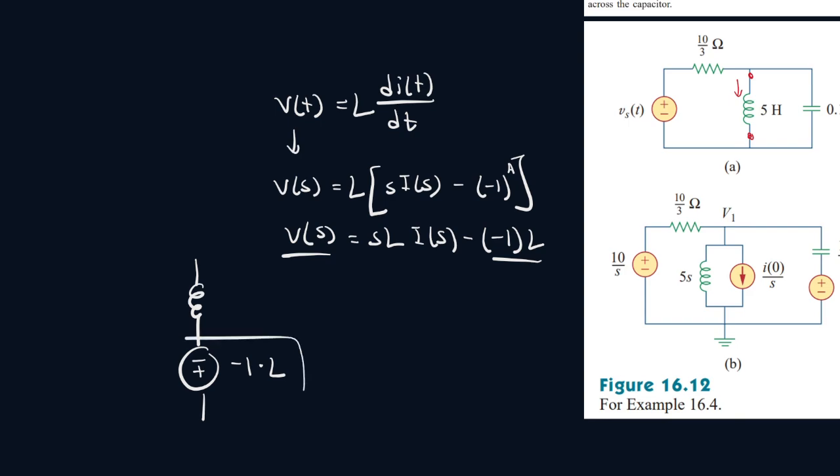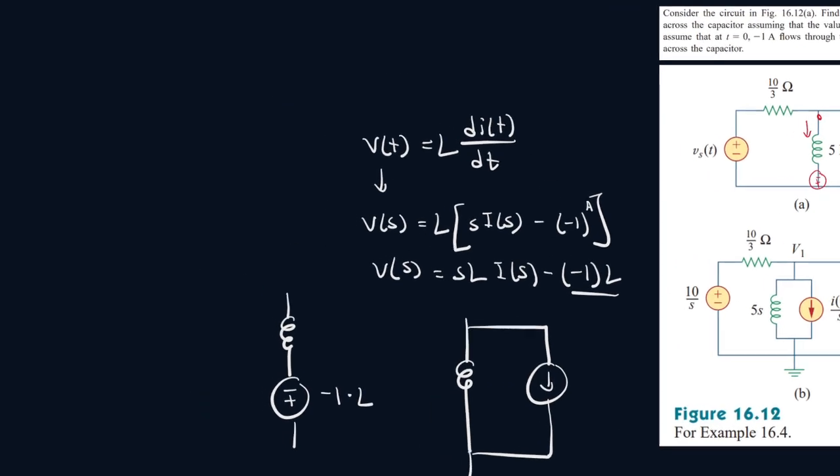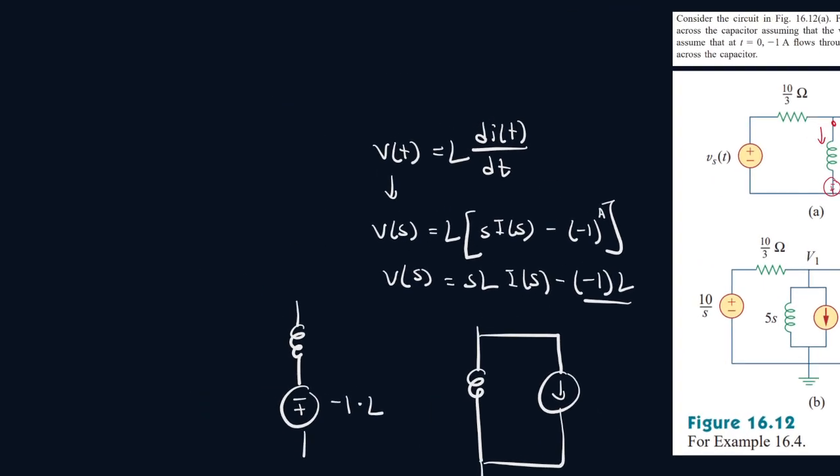So that means we can replace this with a voltage source like this, or we can instead replace it with a current source. The current source will be in parallel with the inductor. To get the value of this current source, we will have to isolate for I of s.